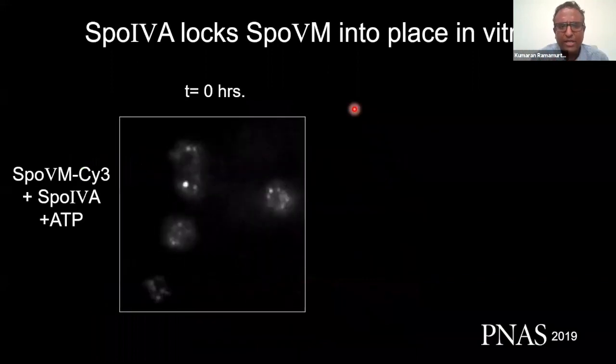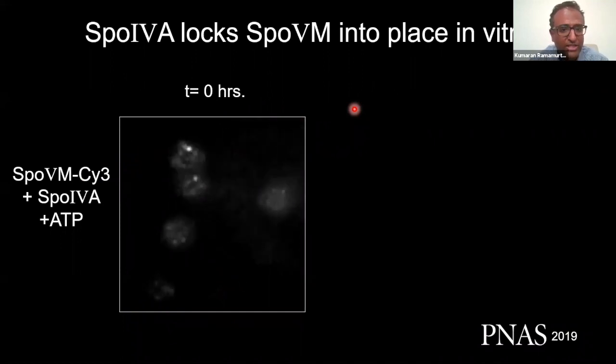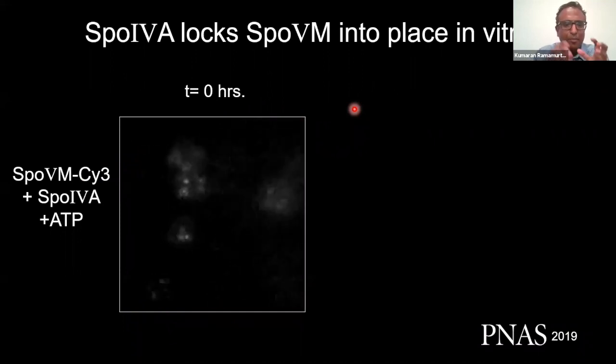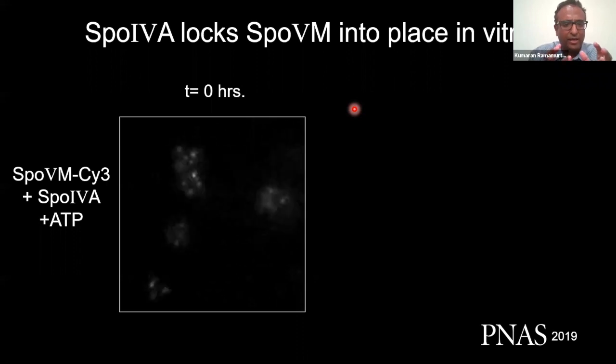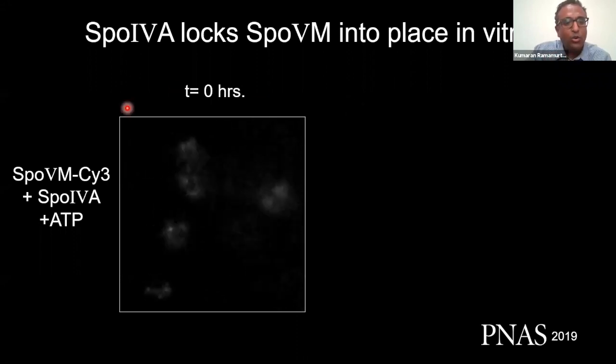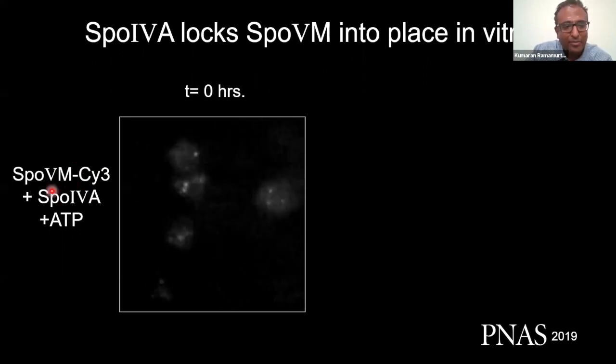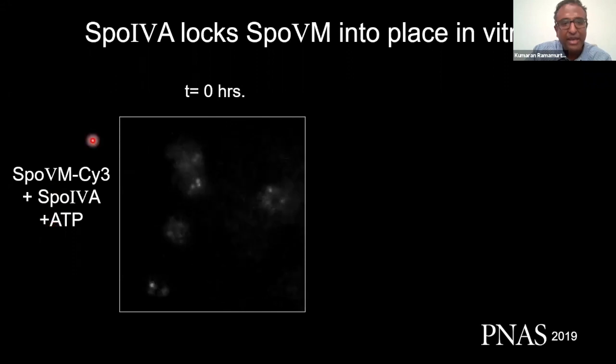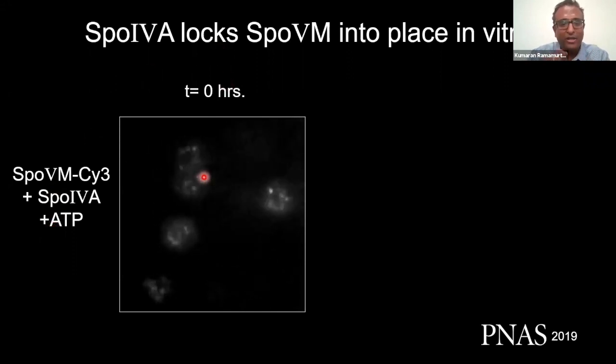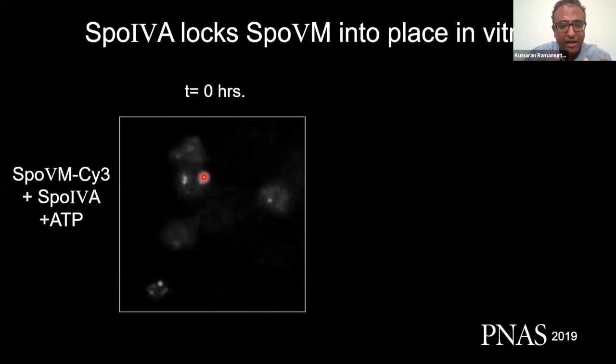So we wanted to see if we can actually see this in vitro in our system. So this is that same bead-based assay that I showed you earlier, where the first protein, the curvature sensing protein, is labeled with a fluorophore. And if you add the second protein and ATP, at an early time point, you can see that the first protein bounces on and off of these beads.